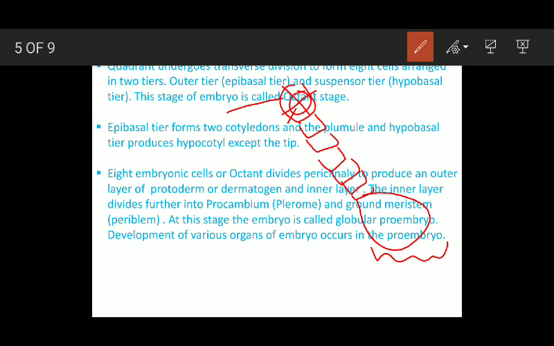They constitute the protoderm or dermatogen. And the inner layer, it divides further to form procambium or plerome and ground meristem or periblem. Now at this stage of the embryo, all the organs of the embryo, they develop. Development of all the organs of the embryo occurs at this pro-embryo stage. और याद रखना आप, इस स्टेज को हम बोलते हैं globular pro-embryo stage.